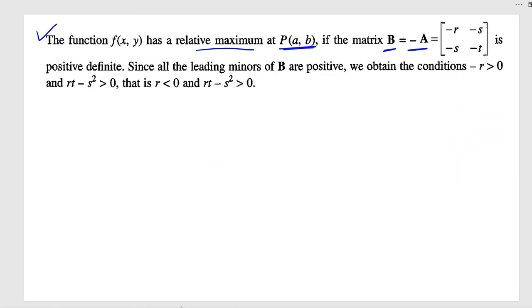This is just for your information. If you multiply it with a negative sign, then the condition will be like this. So this is the same leading principal minors, so these are positive. B is a positive definite.